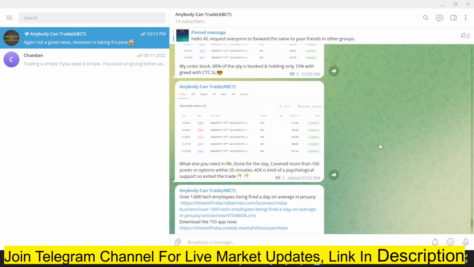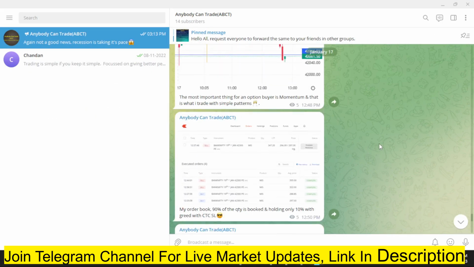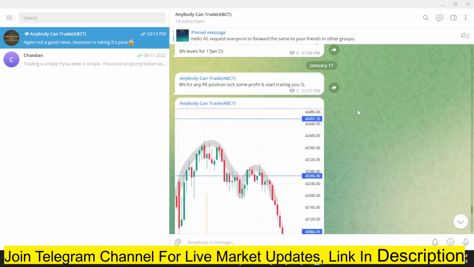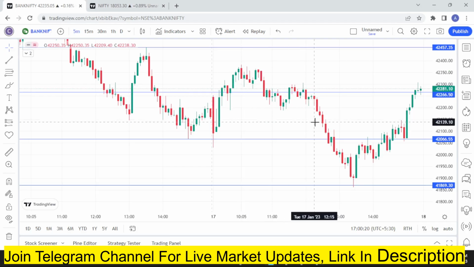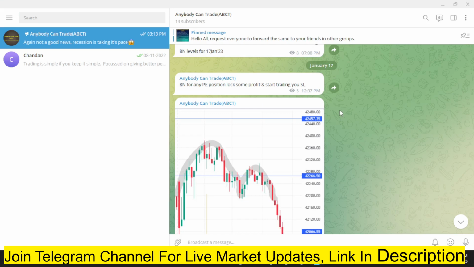Here I have posted in this Telegram channel. You can see around 12:37 I immediately put a message. Why 12:37? Because our risk reward ratio was around 1 is to 1.5. I asked all my subscribers to book some profit and trail your stop loss.